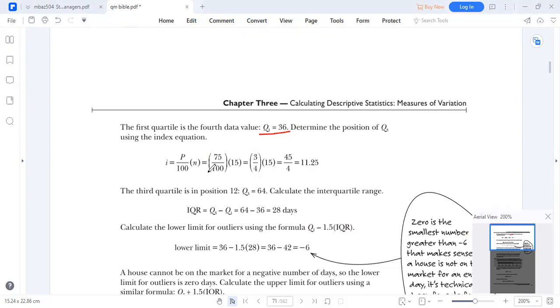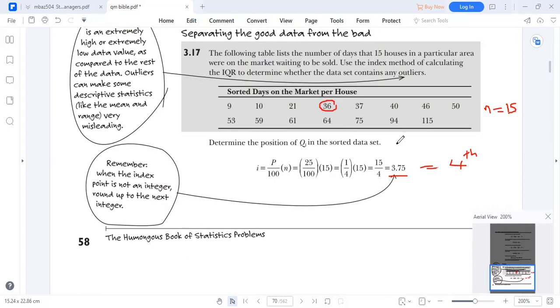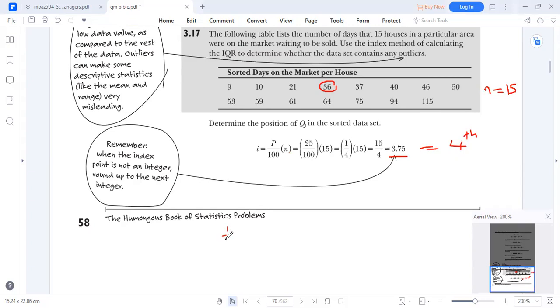Then the median is half of 15, which is 7.5. 7.5 means we go up to the 8th figure. So 1, 2, 3, 4, 5, 6, 7, 8. So 50. Did you find 50 as second quartile? Yes.